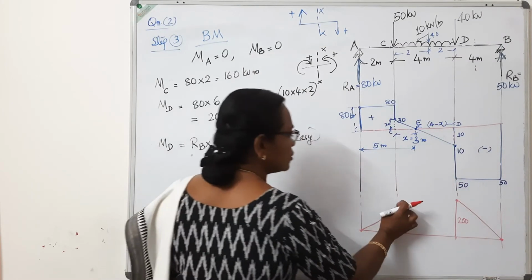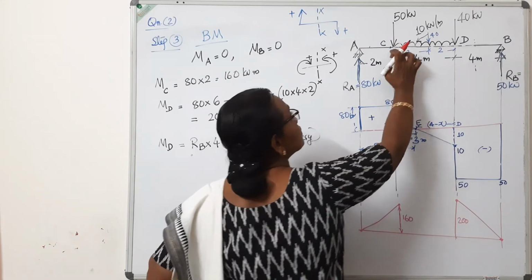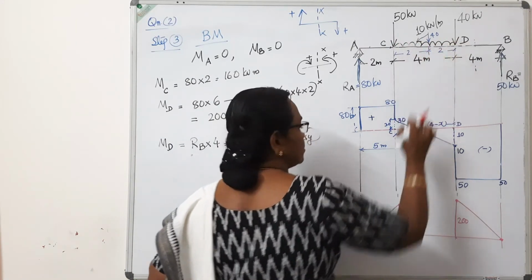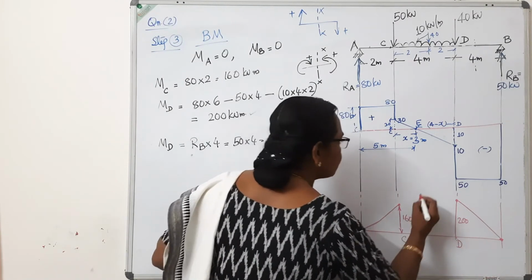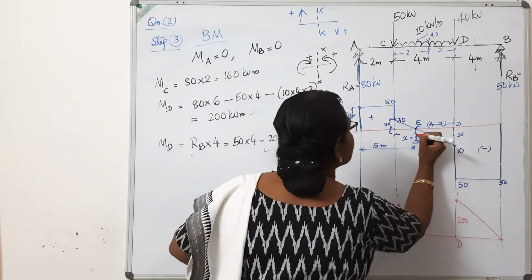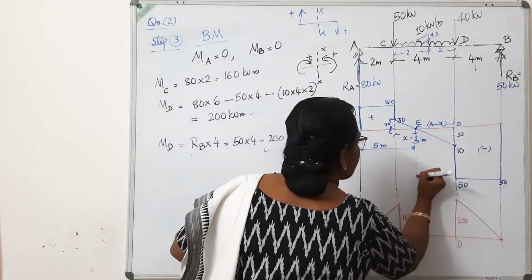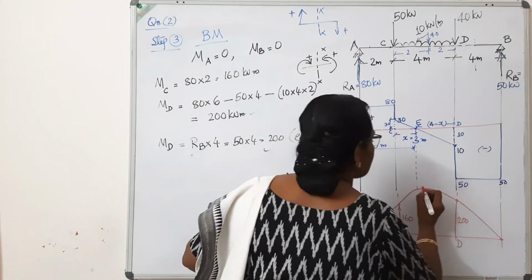And this portion, this 160 and 200, has to be connected with a parabola, because there is uniformly distributed load in this portion CD. This is point C, this is point D. We have to connect these two by a parabola in such a manner that the point where the shear force is 0, the bending moment is going to be the maximum.